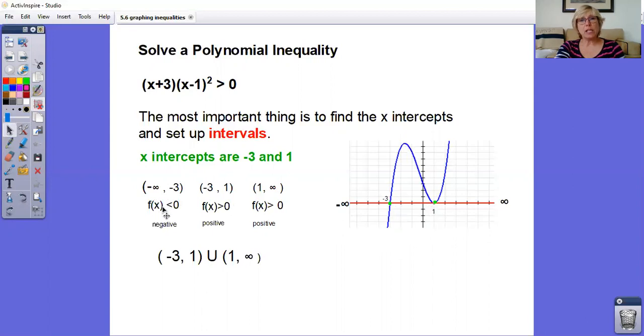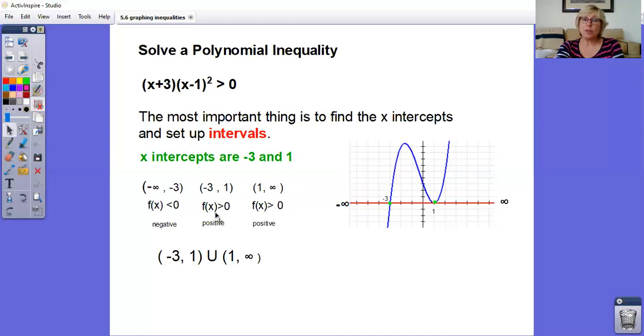Now, in calculus, they may talk to you about this notation, saying the function is less than 0. What that really means is the function is negative. It's below the x-axis, right over here. Between -infinity and -3, the function is below the x-axis. Between -3 and 1, you can see it's above the x-axis.